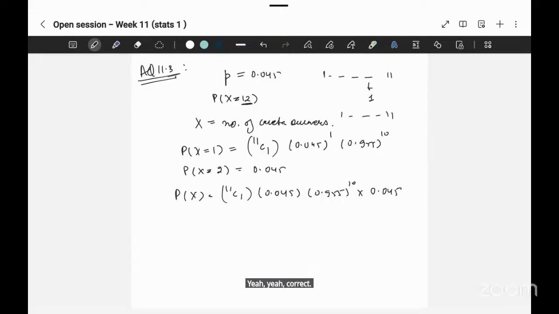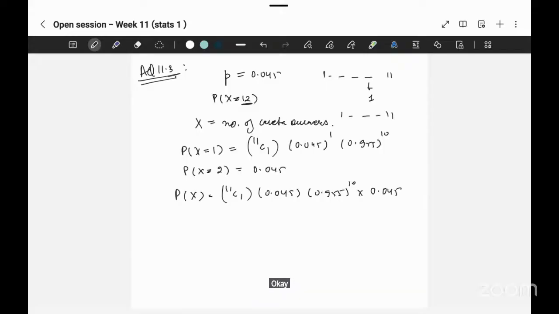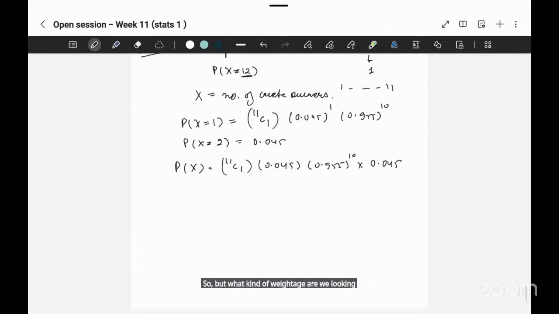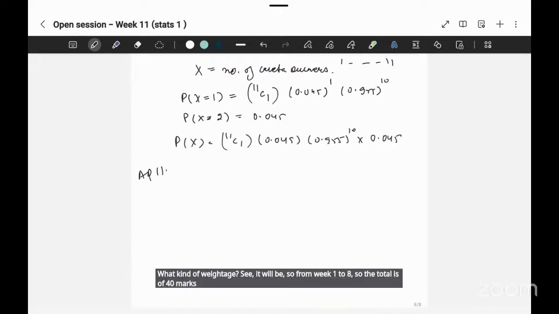I don't know about the other subjects, but for stats, it's from week 1 to 12. What kind of weightage are we looking at for the older weeks? See, the total paper is of 40 marks. From week 1 to 8 it will be 20 marks, and from 9 to 12 it will be 20 marks.